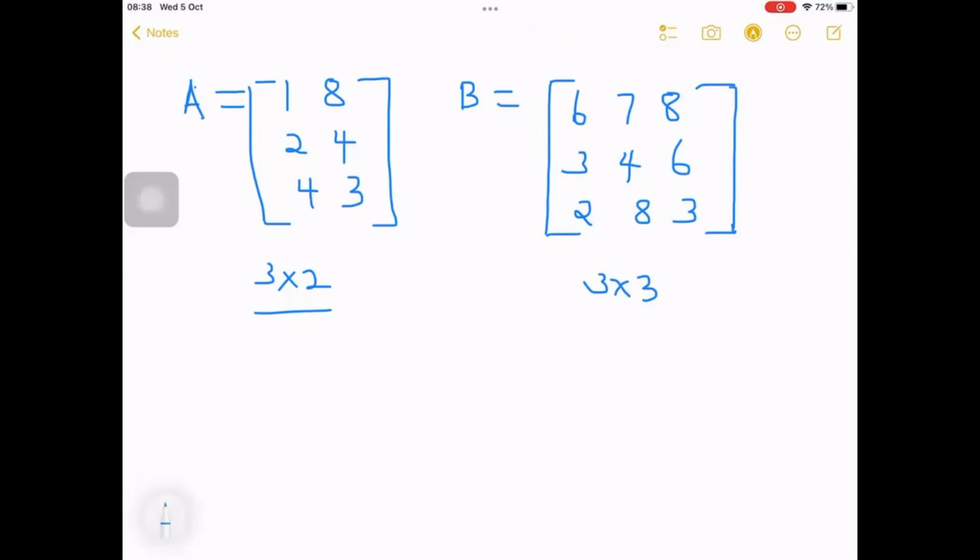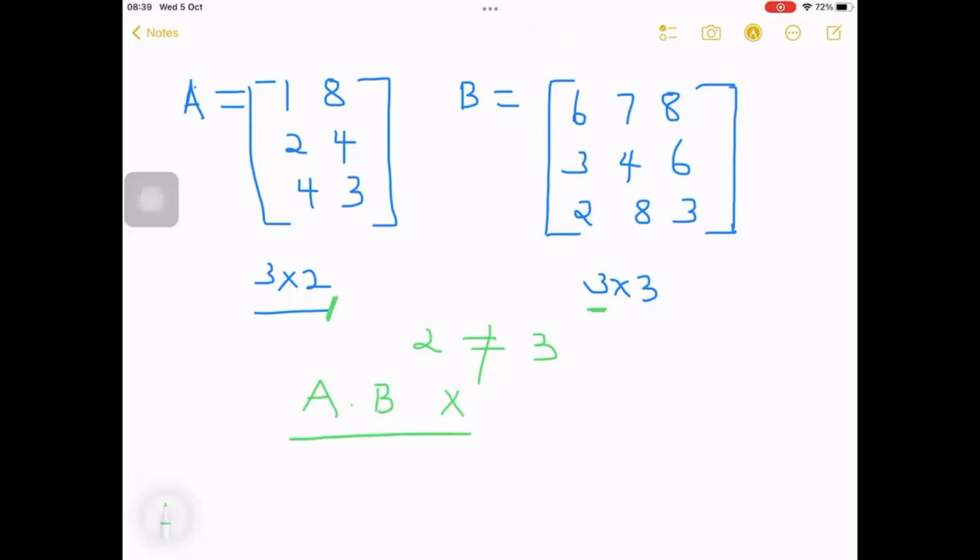The number of columns in the first matrix is 2, and the number of rows in the second matrix is 3. Is 2 equal to 3? No. And therefore, you can't multiply matrix A with B.